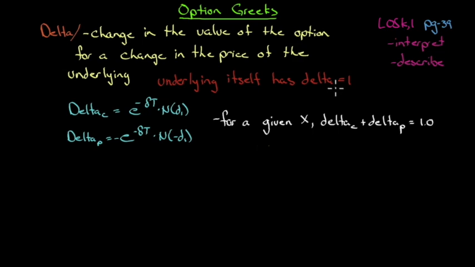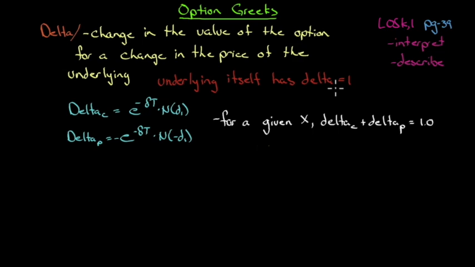But depending on the strike price we have on the option, just because the underlying goes up $1 does not mean the value of the option will go up $1 if it's extremely out of the money. Let's say it's a really long dated option, like a 2-year option that's really out of the money. If the underlying goes up maybe even 10%, that call option might not even move at all.